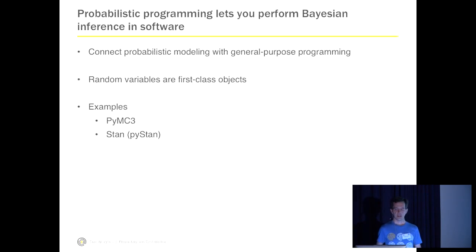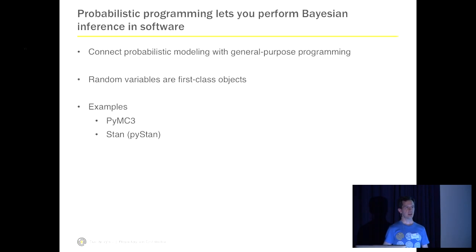How do we do this? Probabilistic programming languages are a way of working with probabilities. The difference between a probabilistic programming language and something like Python is that in a probabilistic programming language, random variables are objects that you write down and use.